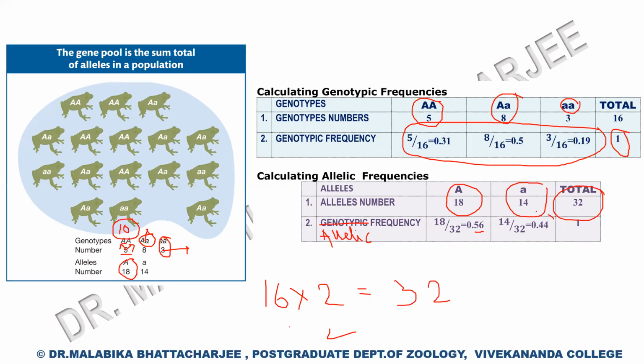So keep this in mind also, that for a given gene, if there are 2 alleles, the frequencies of the 2 alleles will also add up to give you 1. And the allelic frequency should also fall between 0 to 1. So this is how we calculate for a given population the genotypic frequency from the number of individuals present in the population and the allelic frequency from the number of alleles present in the population.